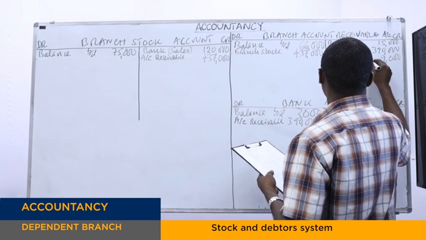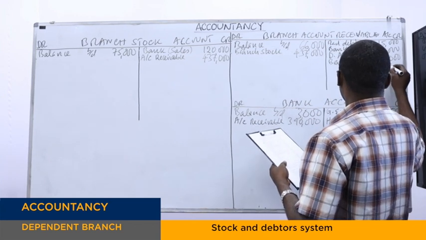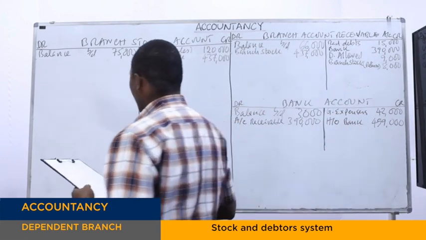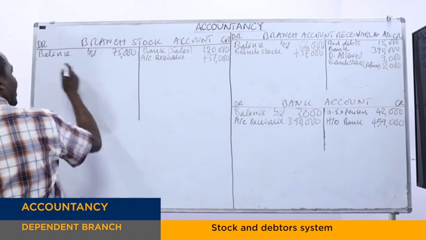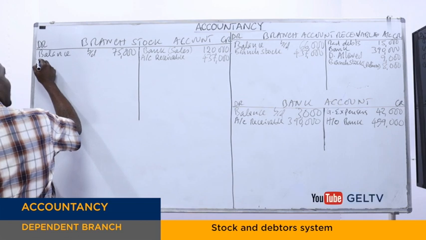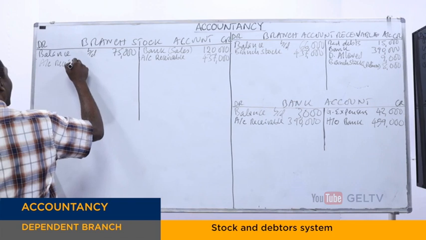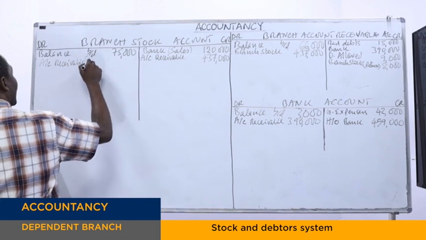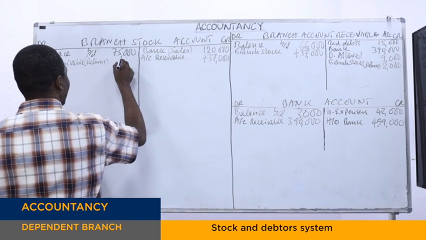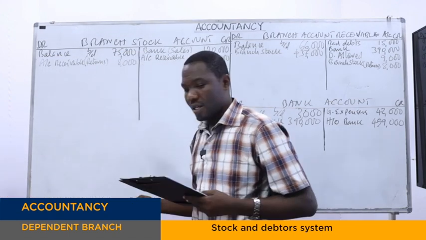But this is returns. How much? 8,000. So normally this is debited here to reduce our sales by writing account receivable. That was an entry for returns. That was 8,000. Okay.